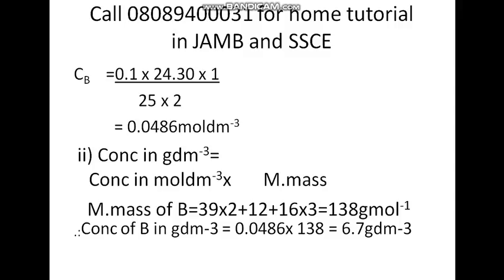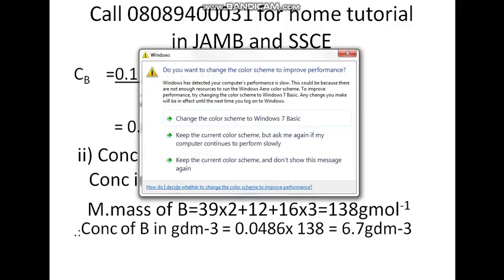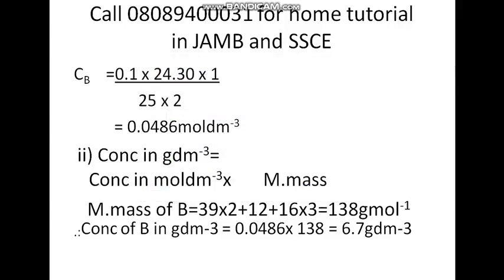The molar mass of K2CO3 is calculated on the tutorial board as follows: 39 times 2 for K2 plus 12 times 1 for C plus 16 times 3 for O3, and the answer is 138 gram per mole. Therefore, concentration of B in gram per dm cube equal to 0.0486 multiplied by 138, and the answer is 6.7 gram per dm cube.